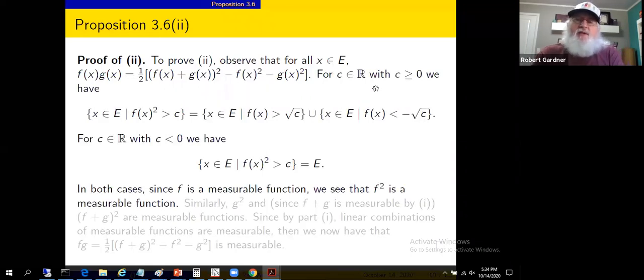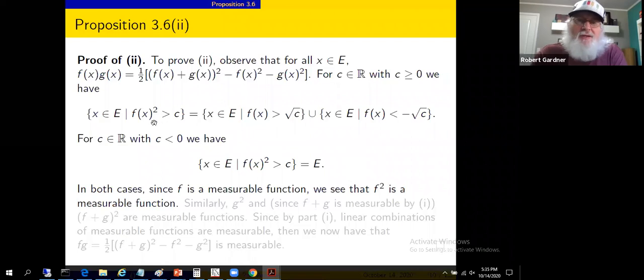So take c to be a real number. First, suppose it's not negative: c is greater than or equal to 0. If we look at the x values for which f of x squared is greater than c, that comes in 2 parts. Dealing with the inequality and the square roots, that requires either f of x is greater than the square root of c, or f of x is less than negative square root of c.